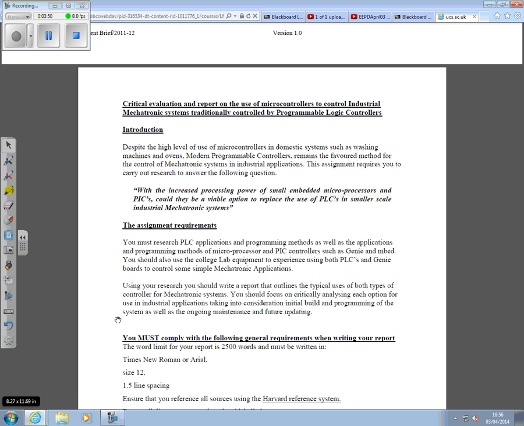I want you to take in particular consideration what's involved in the initial build, putting the system together, and costings, not just the costing of the equipment, but the cost in terms of labour in programming.